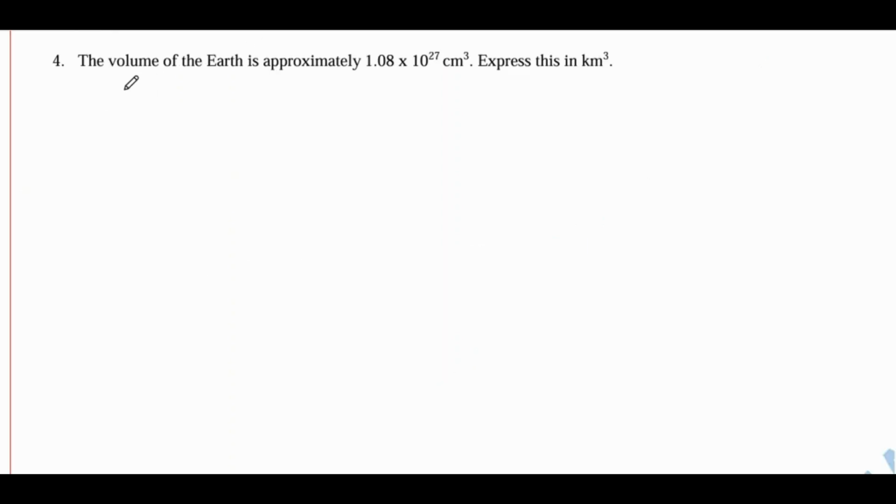Example 4. The volume of the earth is approximately 1.08 times 10 raised to power 27 cubic centimeters. Express this in cubic kilometers. Now, centimeters and kilometers are units of the first degree. If we define area as the measure of surface, then the units of area are two dimensional.